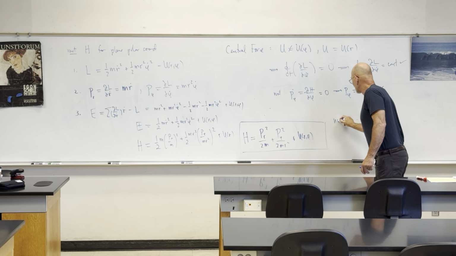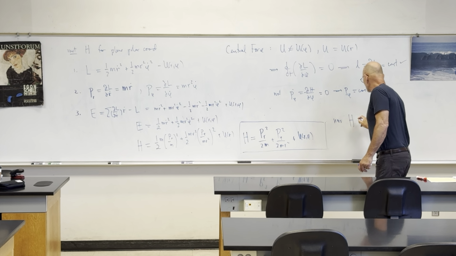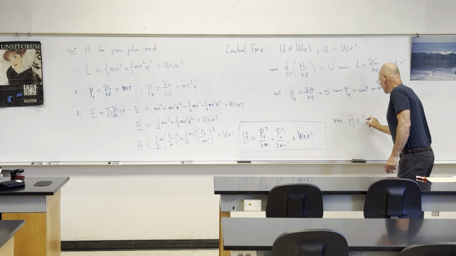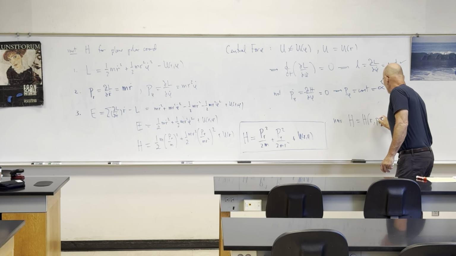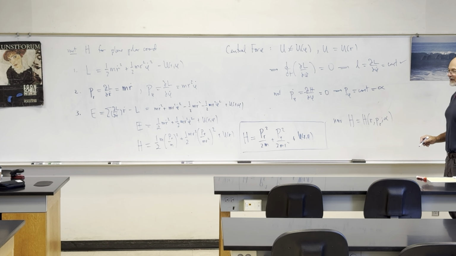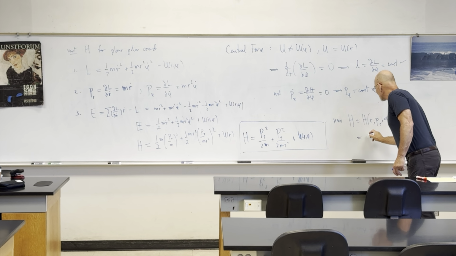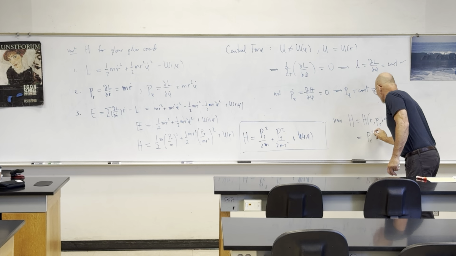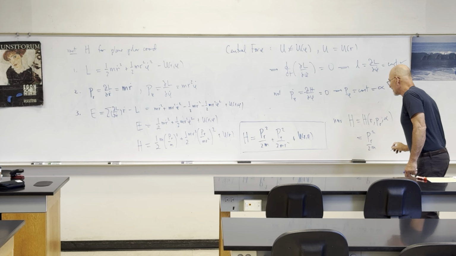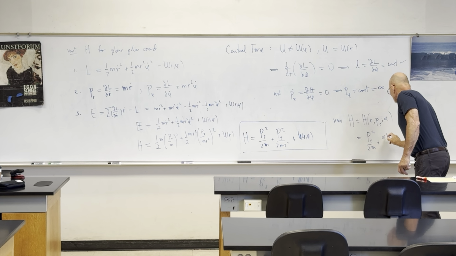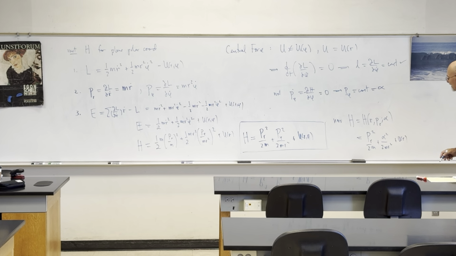Now, H equals, it's going to be H of r, p sub r, semicolon alpha. Alpha is just a parameter. And so we'll say we have p sub r squared over 2m plus alpha squared over 2m r squared plus U of r. So this here is the punchline.